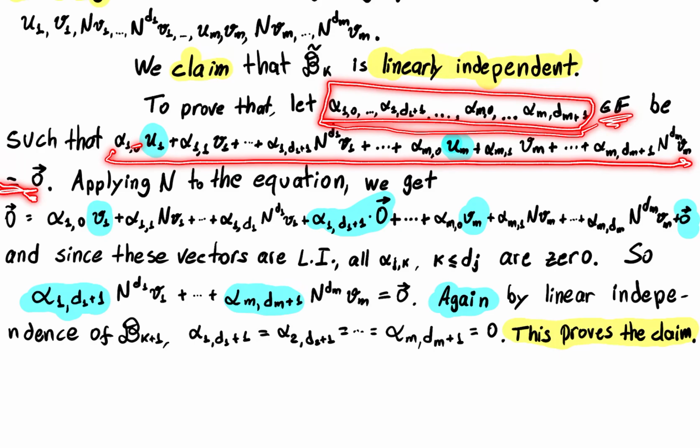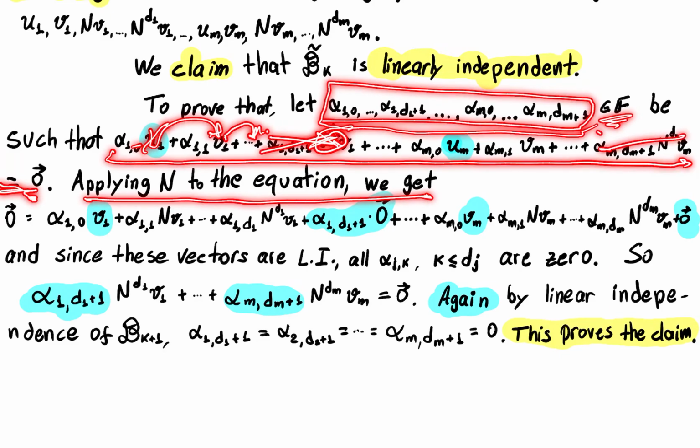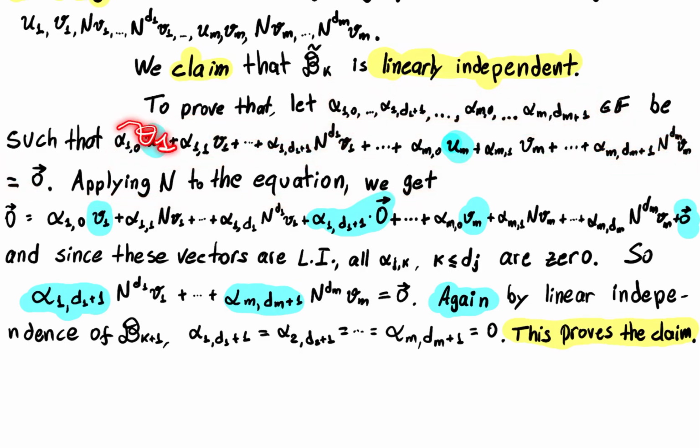How do we show that? Well, we just apply n to the equation. When we apply n to the equation, this u_1 becomes v_1. And this v_1 becomes n v_1, and this one goes to 0. So the last one disappears. And now all we have is here v_1, ..., v_m, and here n v_1, etc. So we're back with the same basis we had before, just the coefficients have been shifted. Okay?